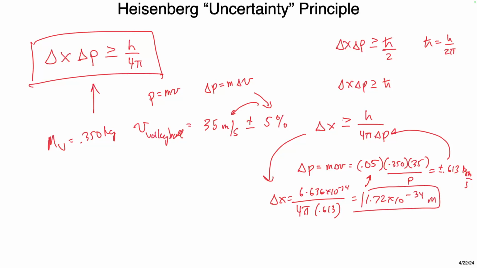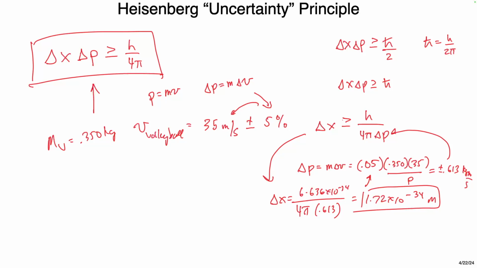Okay. What does this say? We don't know what the speed of this volleyball is to within 5%. Which means, according to Heisenberg's unknowability principle, we don't know where the volleyball is to within plus or minus 1.7 times 10 to the minus 34 meters.